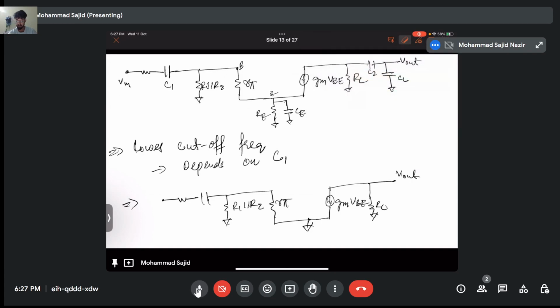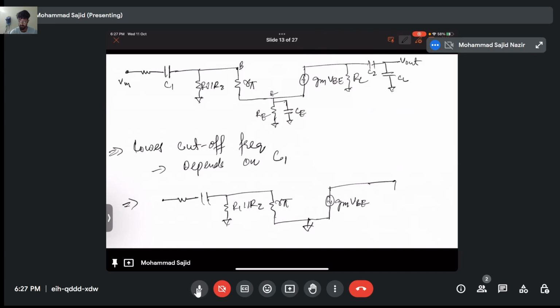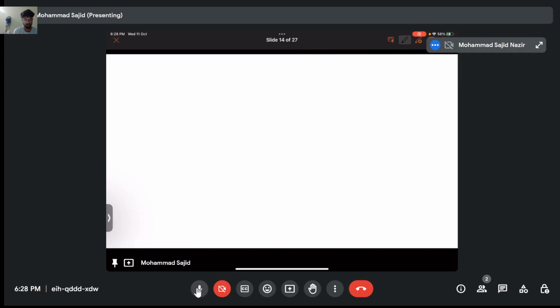Okay, this is basically... so what we need to calculate is an R equivalent, that's the total resistance, and then use omega R equivalent C1 should be greater than or equal to 1, so that will give us a cutoff frequency.